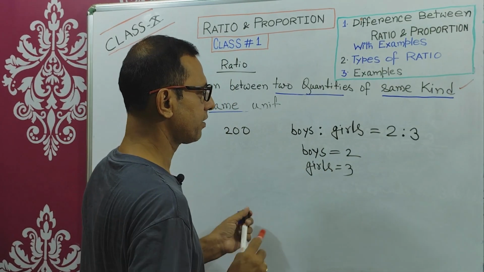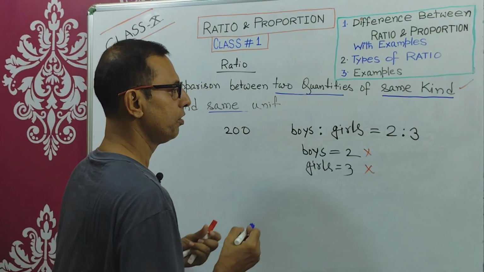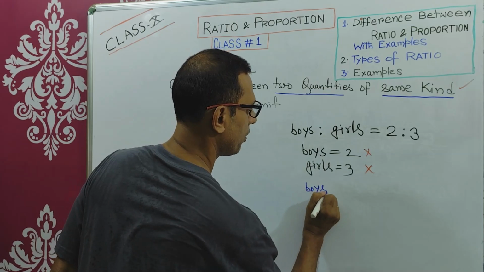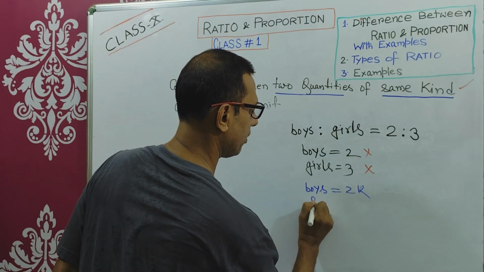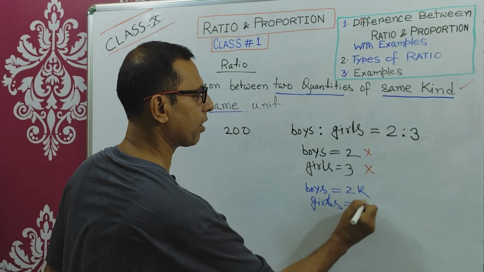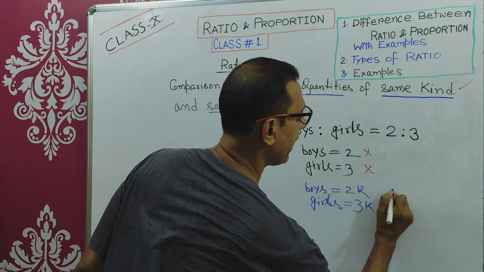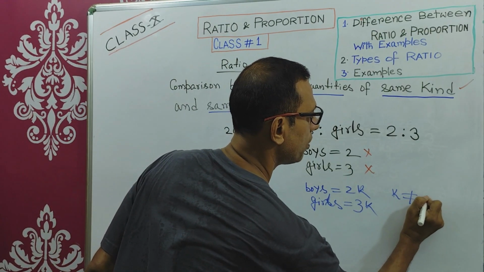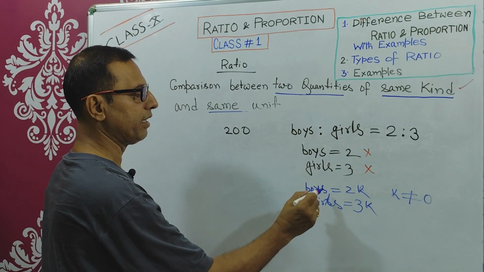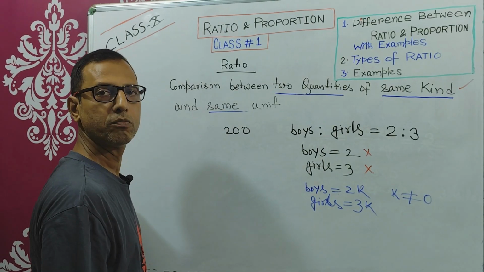What is correct is to assume boys equals 2k and girls equals 3k, where k is a variable and k not equals 0. So if the ratio is given, you can assume like this.